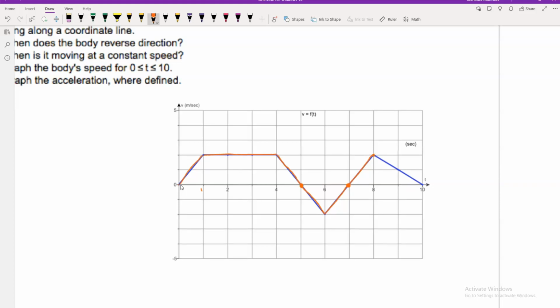Now at this point again it starts to move downward, but we stop here where t is 10 and velocity is 0. We don't have a reverse direction at this point because it just stopped here. It's not moving downward.